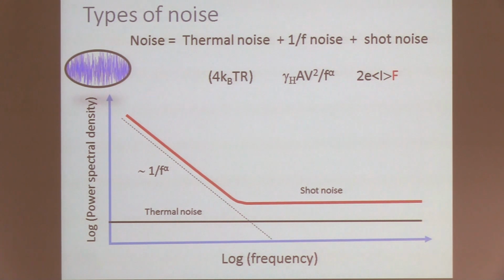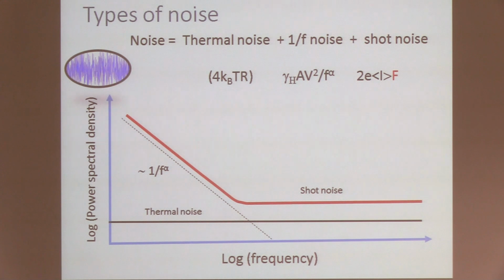Now 1/f noise generally occurs in all systems. It comes mainly because of two-level fluctuations. Its frequency scale can vary from a few millihertz to a few hertz to a few hundreds of kilohertz. And shot noise is also flat; it does not depend on the frequency.